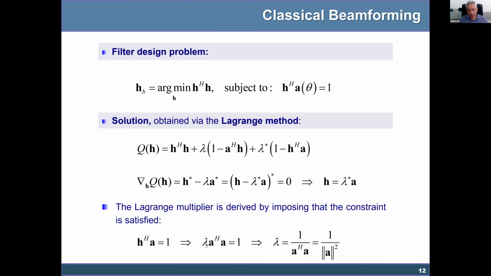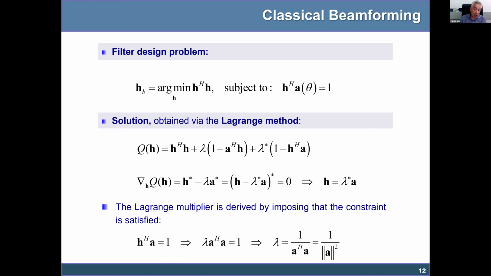And so lambda is 1 divided by A Hermitian A. A Hermitian A basically is the energy of A, by definition the Euclidean norm squared of vector A.